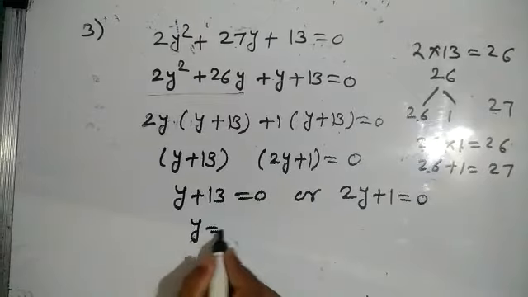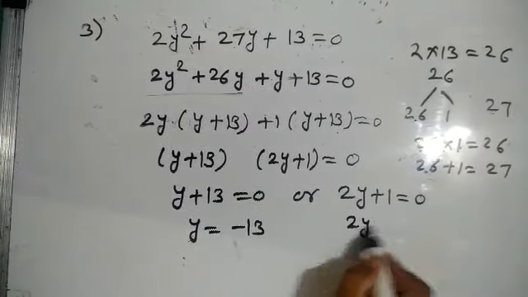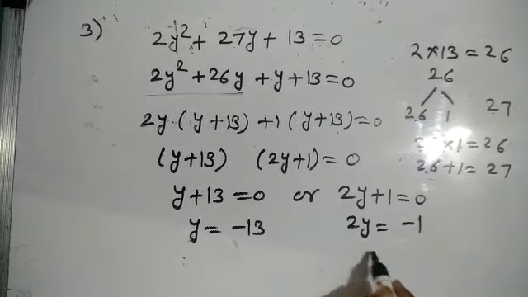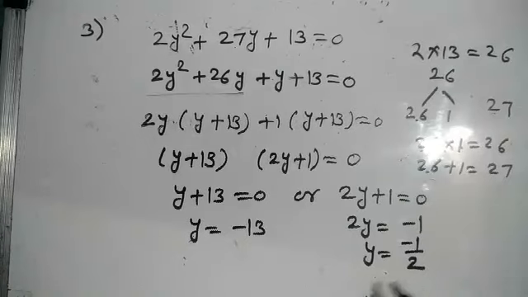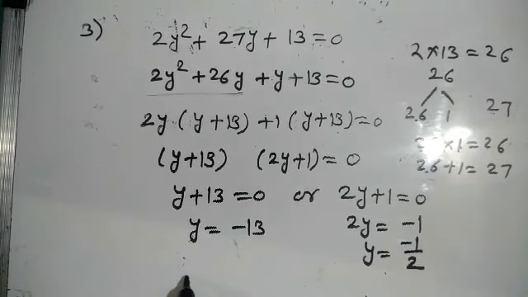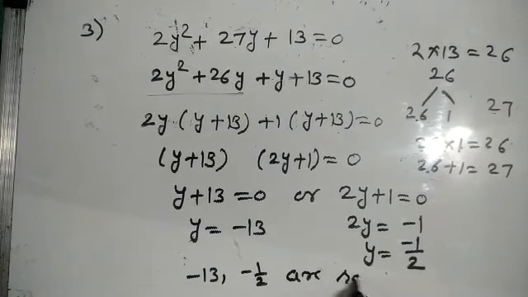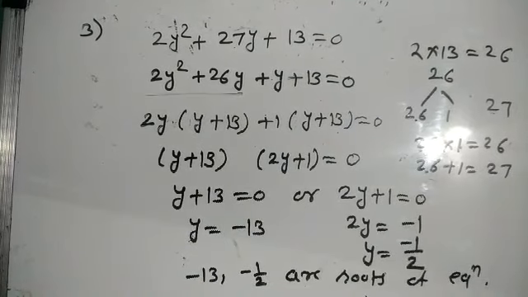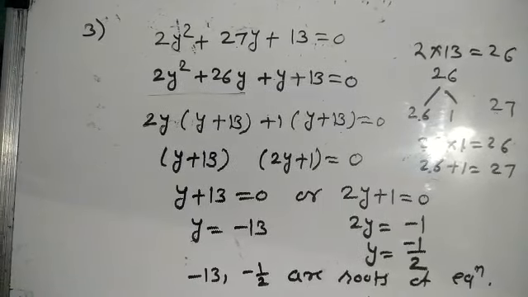Therefore, y is equal to minus 13, and here 2y is equal to minus 1, y is equal to minus 1 by 2. It means minus 13 comma minus 1 by 2 are roots of the equation. This is the third problem. Then the fourth problem.